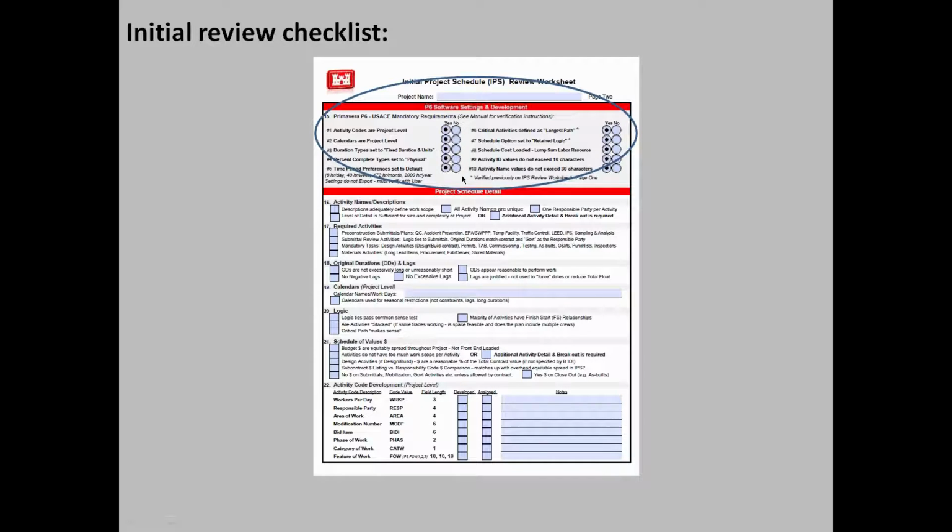Number 9 and 10, activity ID values do not exceed 10 characters, and activity name values do not exceed 30 characters. There is no export from P6 that will tell you how many characters are in each data field. The easiest way to do it is to go to the data field and just count it.